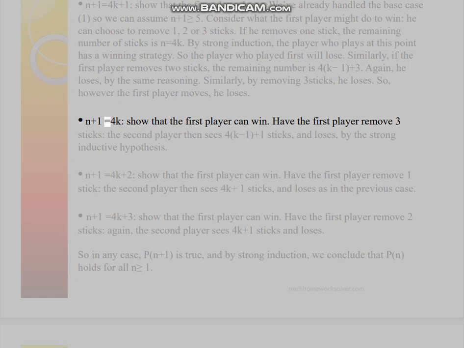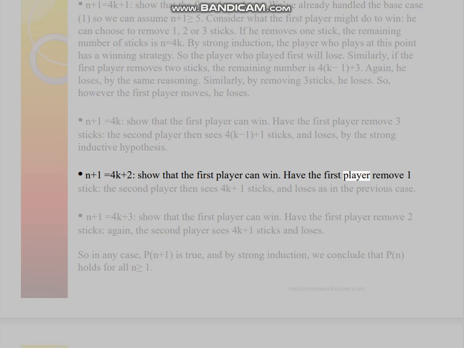n plus 1 equals 4k, show that the first player can win. Have the first player remove 3 sticks, the second player then sees 4(k minus 1) plus 1 sticks and loses, by the strong inductive hypothesis. n plus 1 equals 4k plus 2, show that the first player can win.